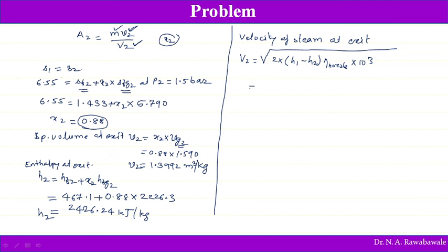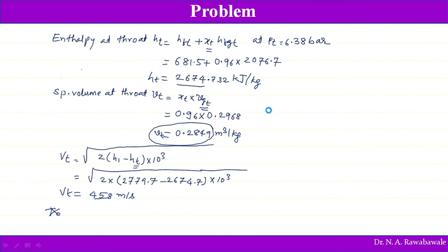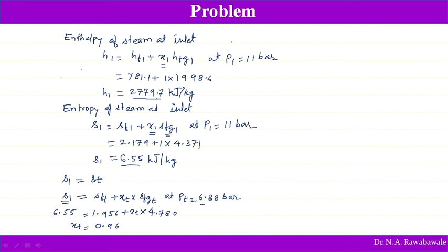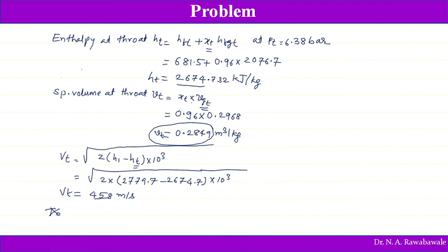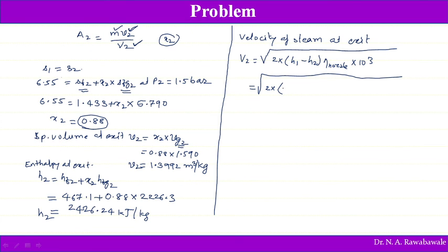So now we know h1, which we have calculated as 2779.7, minus h2 which we have calculated just now.